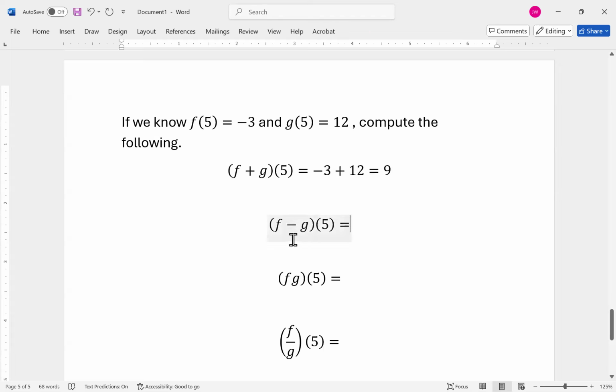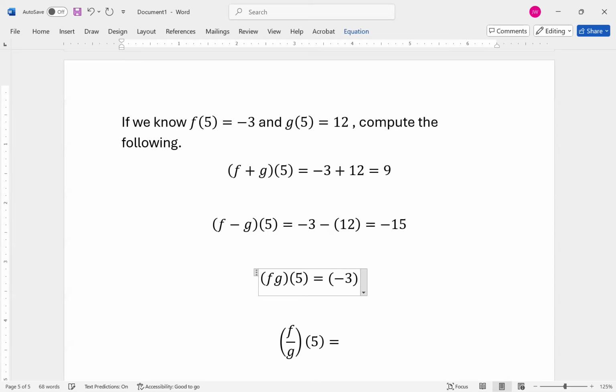The function f minus g, when I plug in 5, should have output of -3 minus 12. And so the output should be -15. F times g of 5 should have output f of 5 times g of 5, which is -3 multiplied times 12. That's -36.